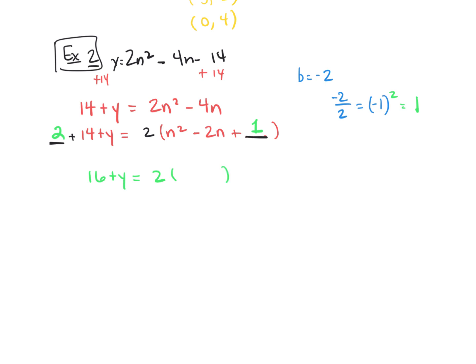Now remember, in here, we get something squared. Okay. We have an n, and this right here is telling us what belongs in there. And that's going to be a -1.